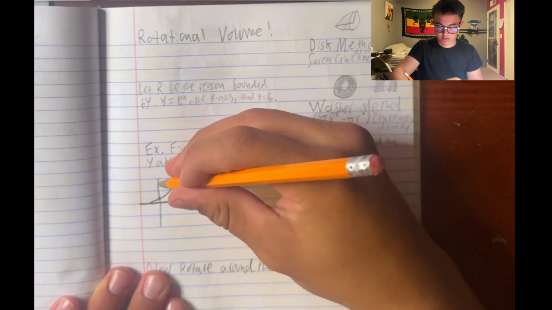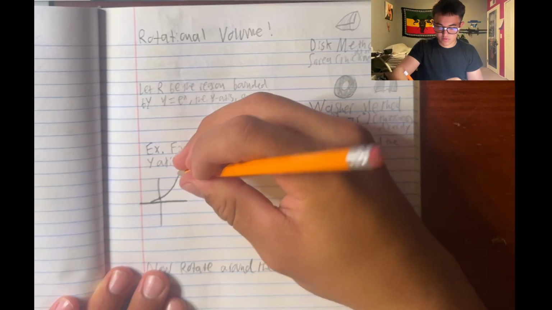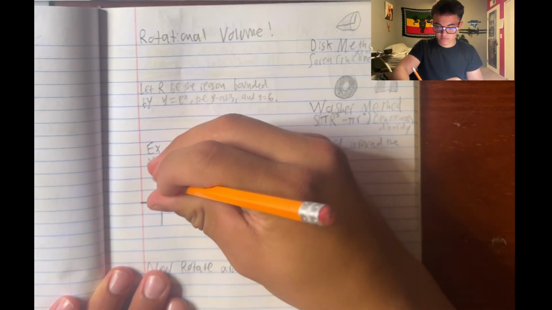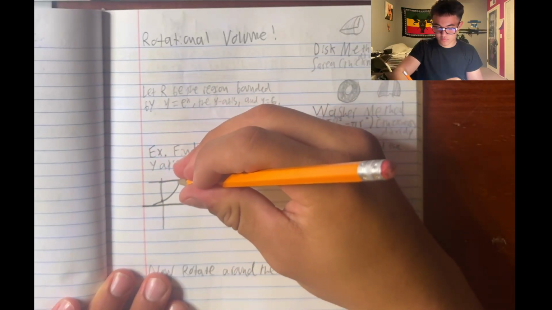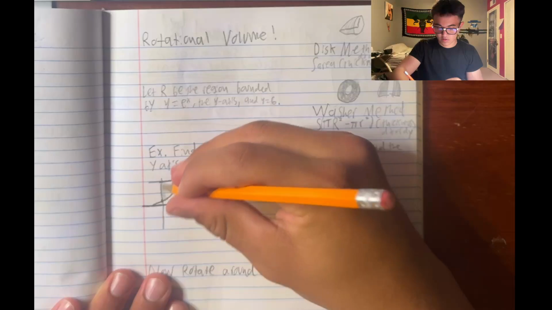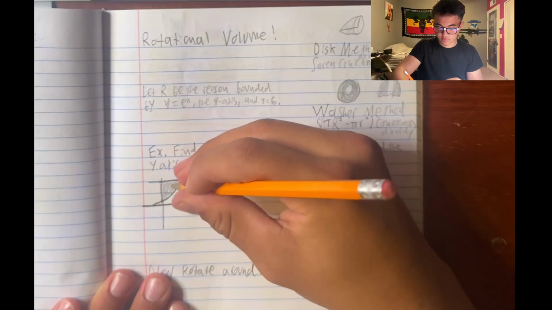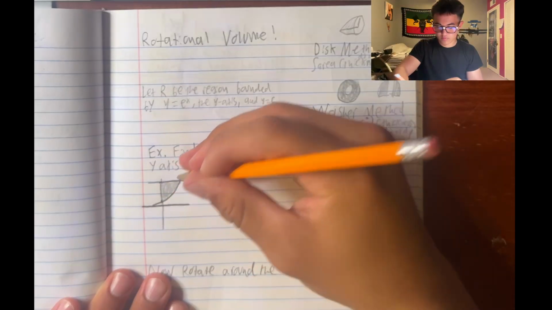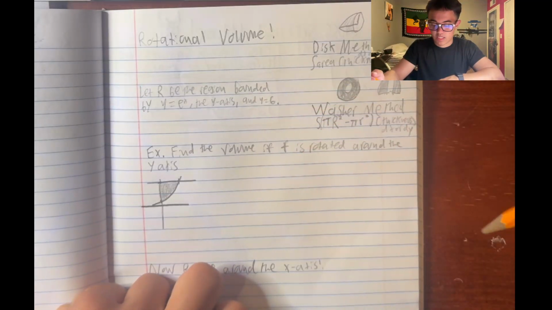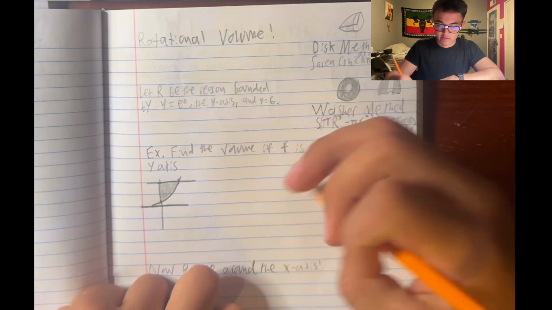Y equals 6. We'll just say it's like right here. So we're going to color that in. So let's see. Find the volume if R is rotated around the y-axis.